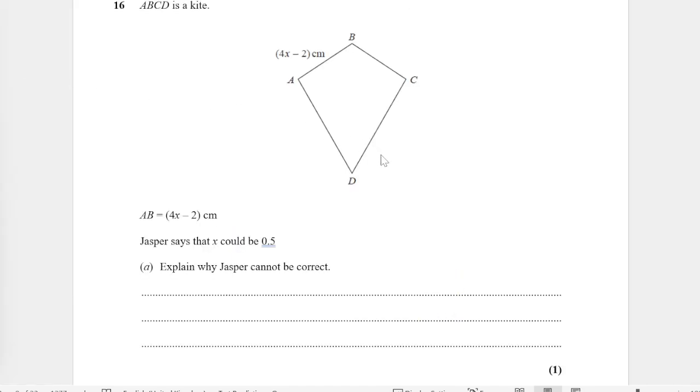Okay, question 16. ABCD is a kite. AB is 4x minus 2 centimeters. Jasper says that x could be 0.5. Explain why Jasper cannot be correct.